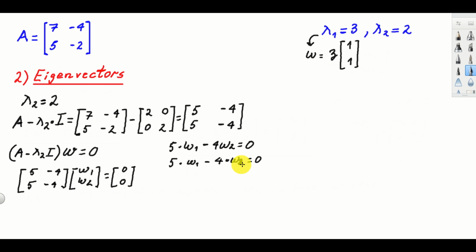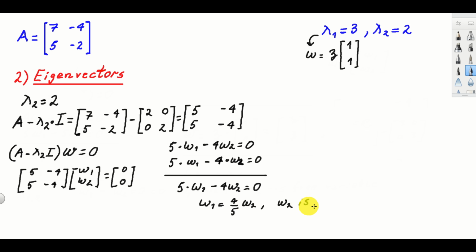Again, we see that these two equations are actually equivalent, or better to say identical. Consequently, we have only a single equation. That equation is 5 multiplying w1 minus 4 w2 is equal to 0. And from this equation, we actually obtain that w1 is equal to 4 over 5 w2, where w2 is a free variable.